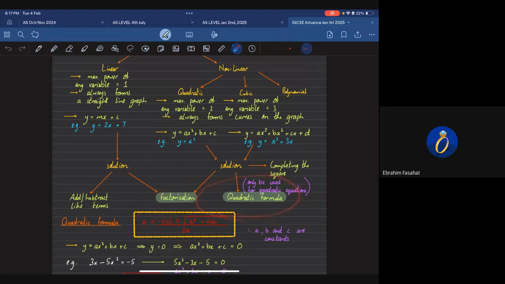You could use the quadratic formula, you could complete the square, and you could simply add or subtract the like terms. Now, these ways of solving the question are with regards to the equation's type. If it's a linear equation, if it's a quadratic equation, whatever type it has, that is how it's supposed to be solved.